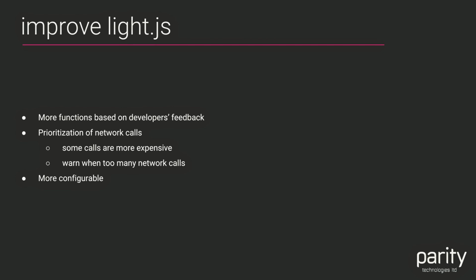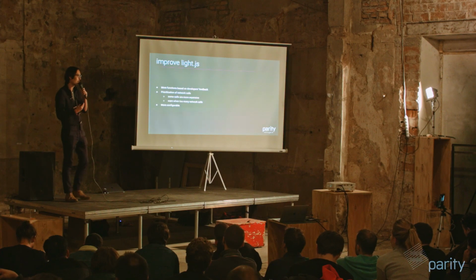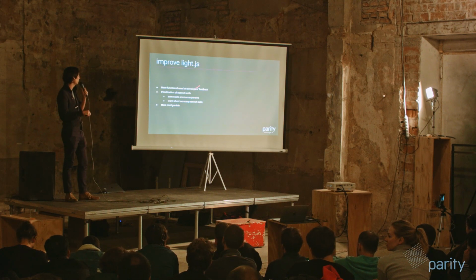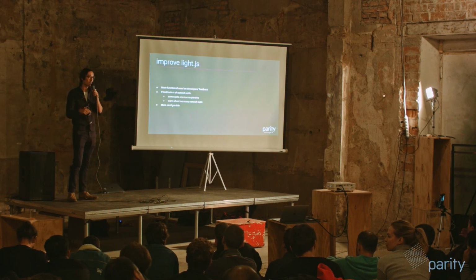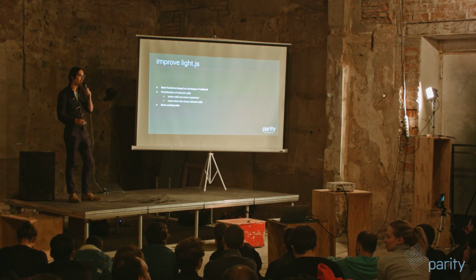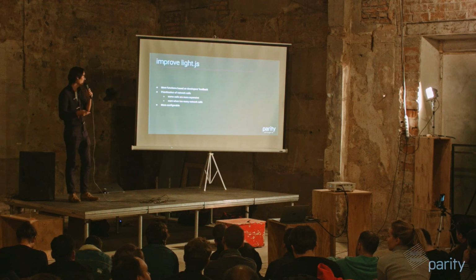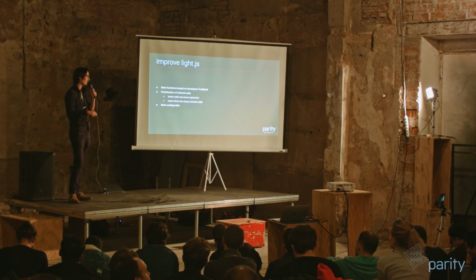On the side, we will, of course, also encourage people to start thinking about building dApps on top of Light clients. So to improve Light.js in particular, we want to add more functions. We want to add some prioritization of network calls because some of them are more expensive, using more credits than other calls.